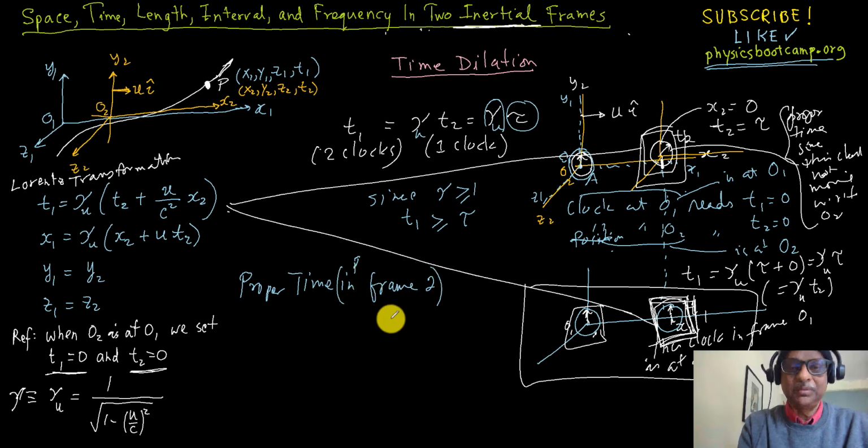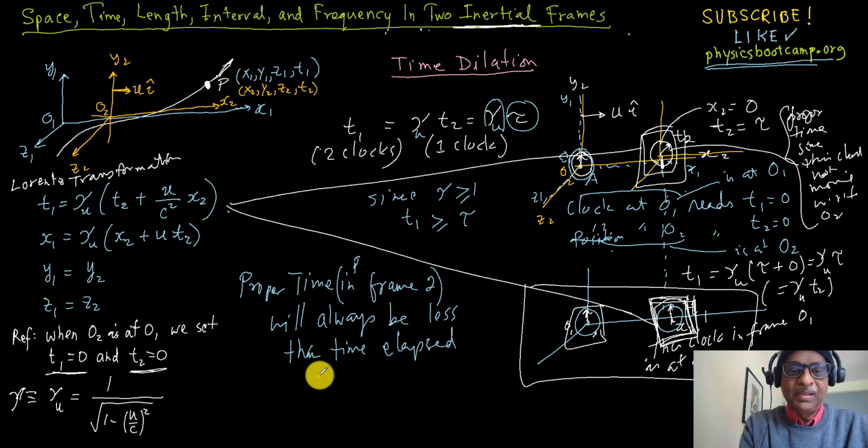That's the way we have set it up. Proper time will always be less than time elapsed in other inertial frames.